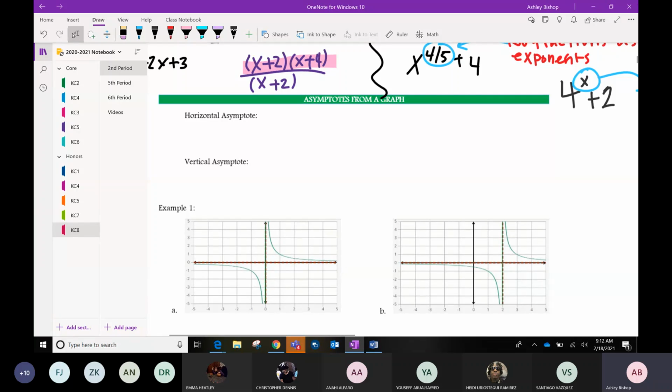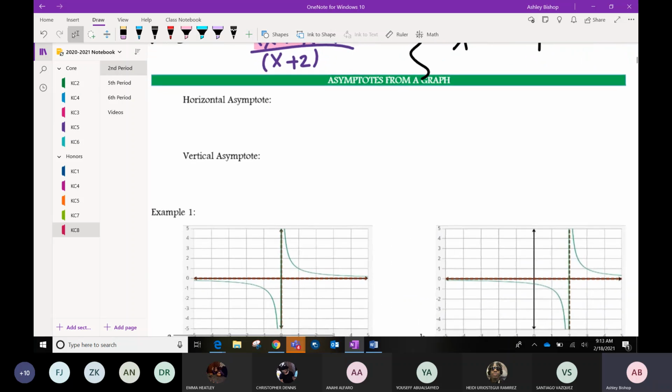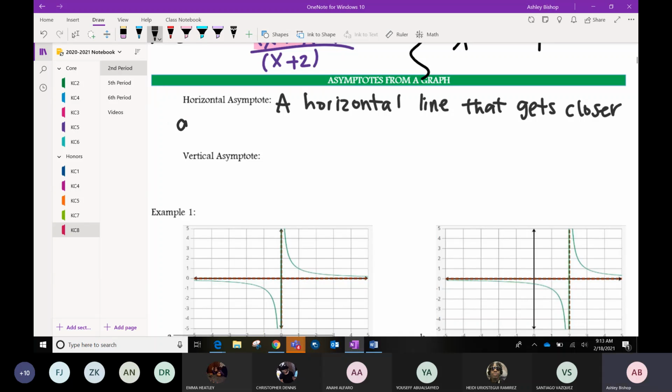So a horizontal asymptote is a horizontal line that gets closer and closer to a number but never touches it. So let's write that down. A horizontal asymptote is a horizontal line that gets closer and closer to a number, but never touches it.